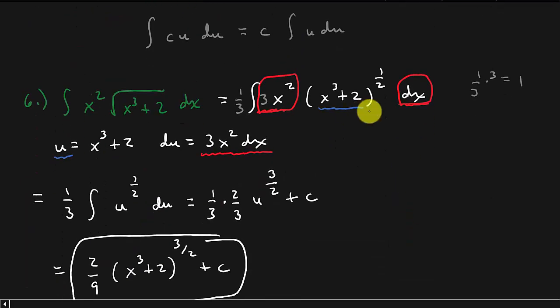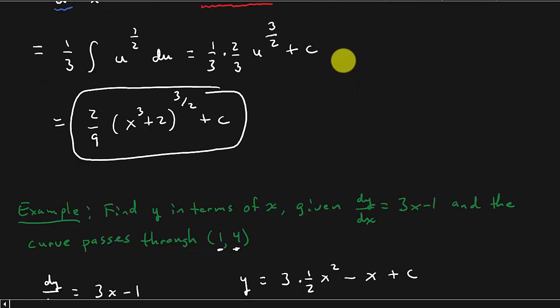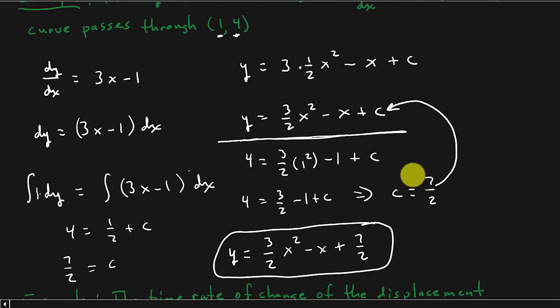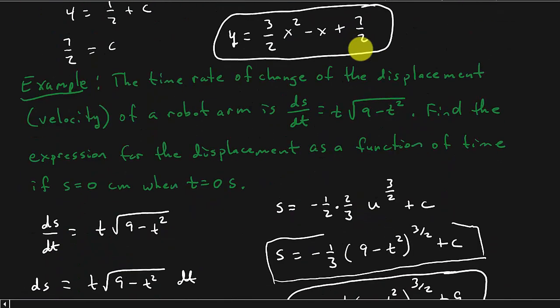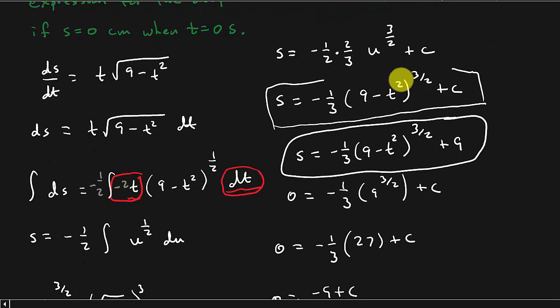Here, it didn't match. You see that? I needed to multiply by 3. I had a 1 in front of the x squared term, but I needed a 3, so I just multiplied by 3. And then, well, that one was not a u-substitution, but this one was.